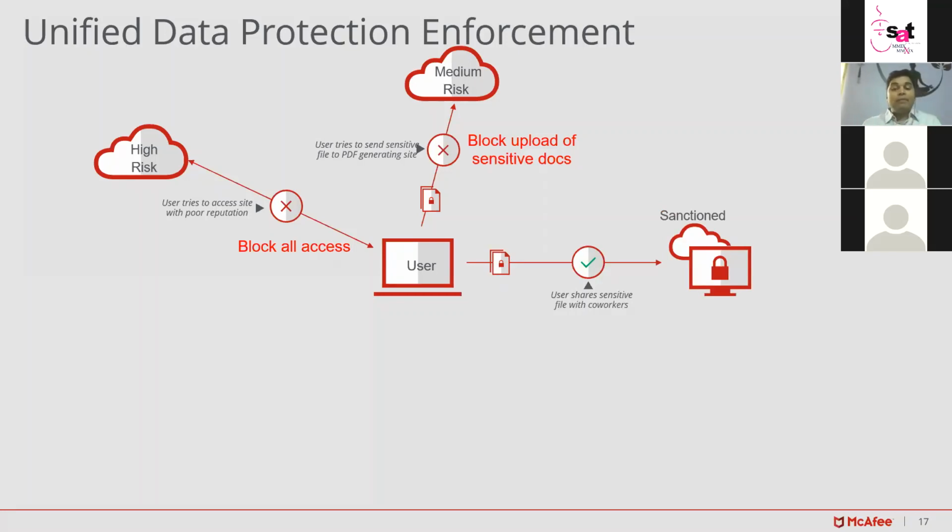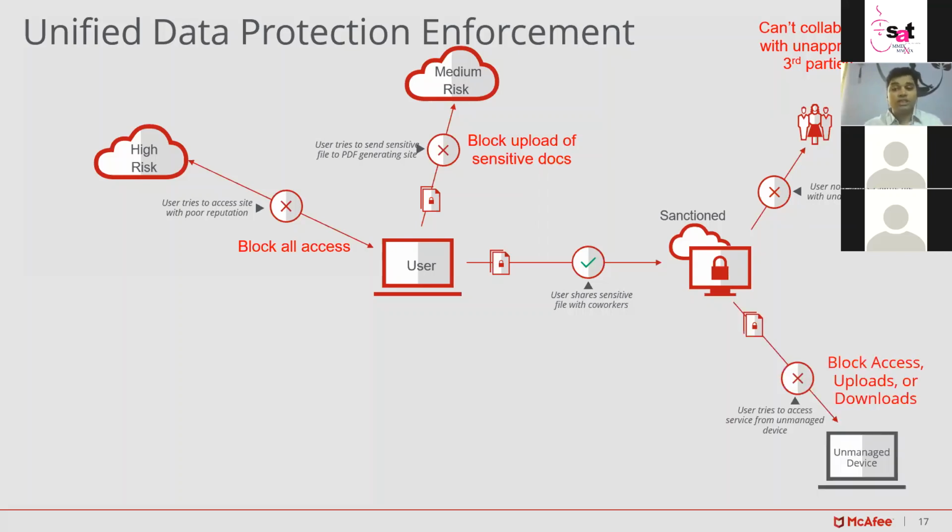Now, if I am uploading sensitive data to a sanctioned app like Office 365, OneDrive, or SharePoint, that's normal. That's the solution purchased by the organization, and the organization controls it. But if I try to share that link with an unauthorized party, blacklisted domains or personal domains, that should not be allowed because it could lead to exfiltration. So the solution blocks it.